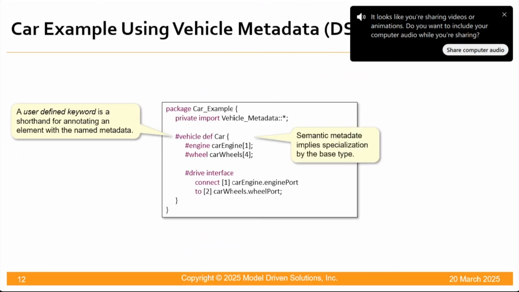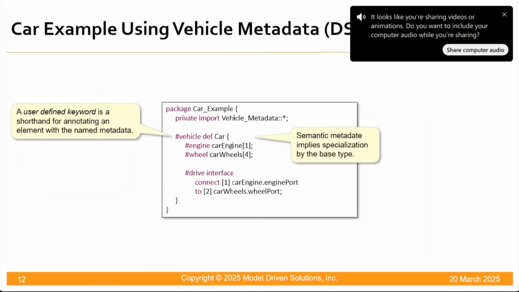But now it is much closer to the syntactic concept we have in the SysML v2 itself. Similarly, we now say that the car is a vehicle. We've got a car engine, one engine, four wheels, and the interface. Now, there are still some rough edges, some compromises that people would notice.